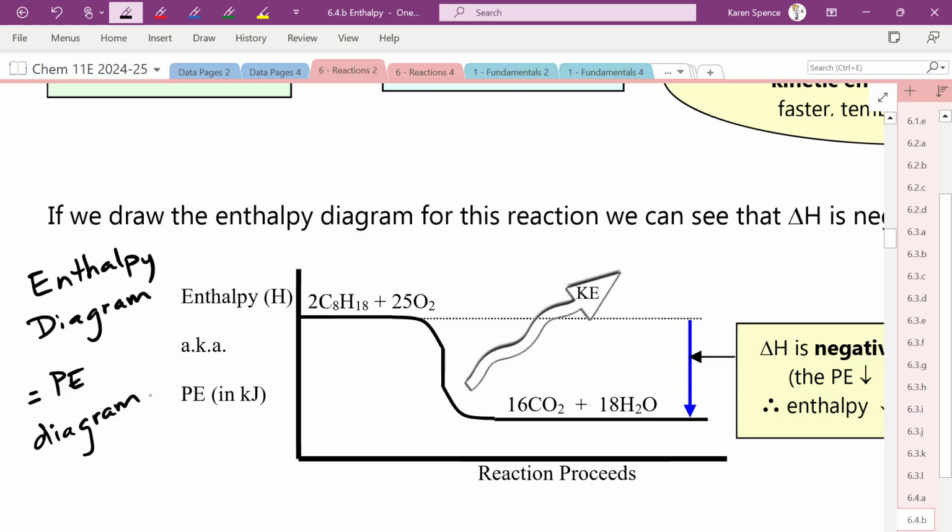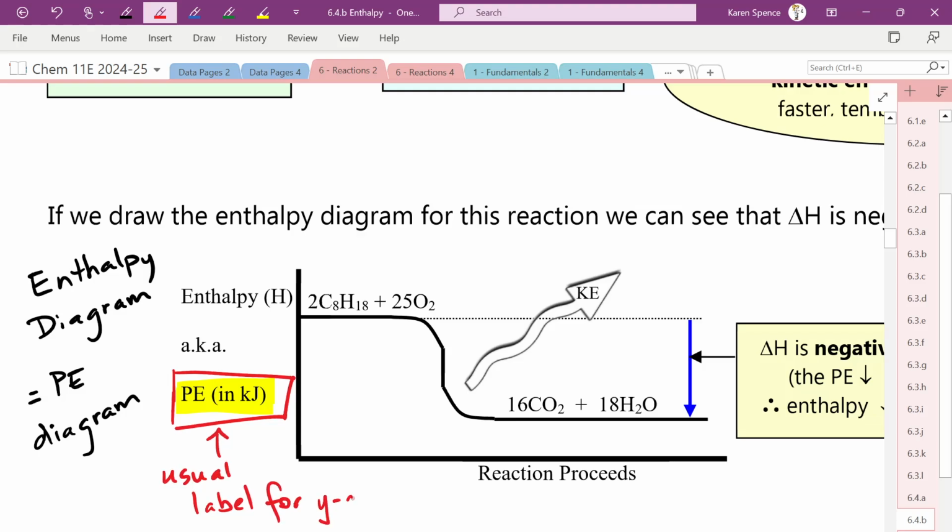I don't know why, that's what they get called. And usually we label the axis potential energy rather than labeling it enthalpy. This is the usual label for the y-axis.